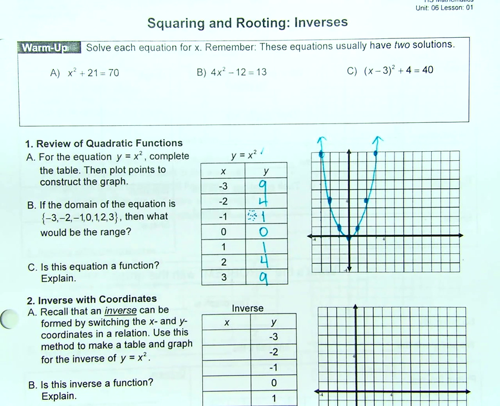If the domain of this equation is negative 3, negative 2, negative 1, 0, 1, 2, and 3, what is the range? Okay, so I have heard 4 answers that are all really good, but only one of them's right.